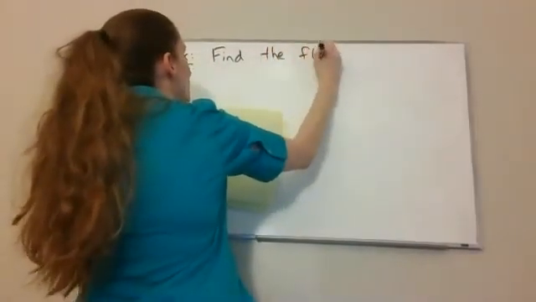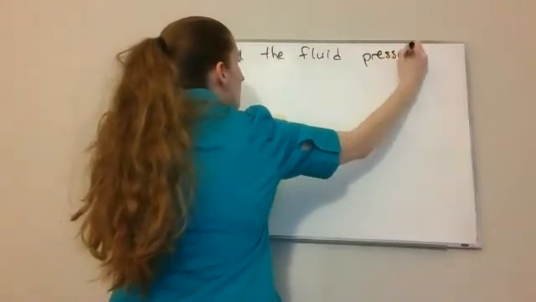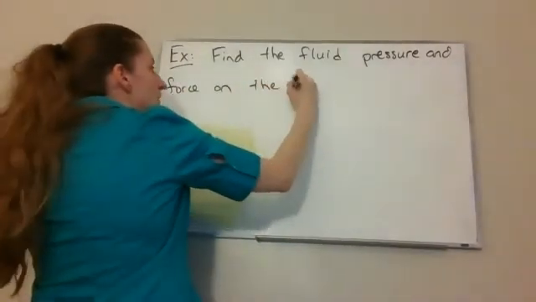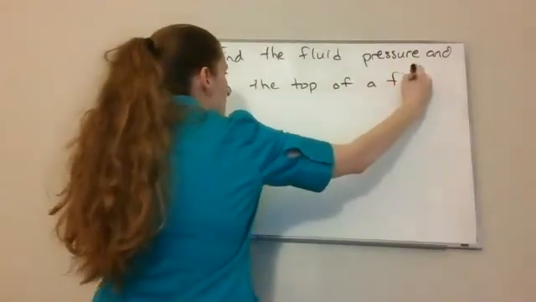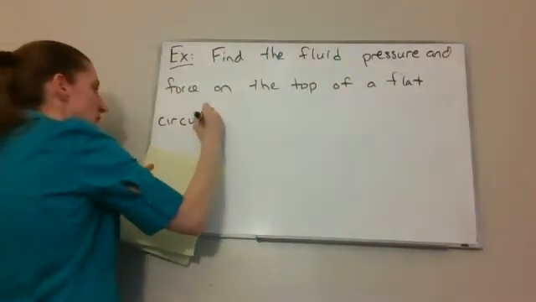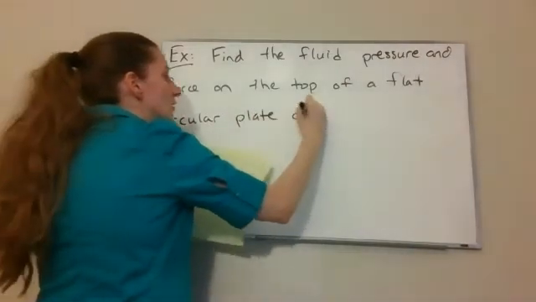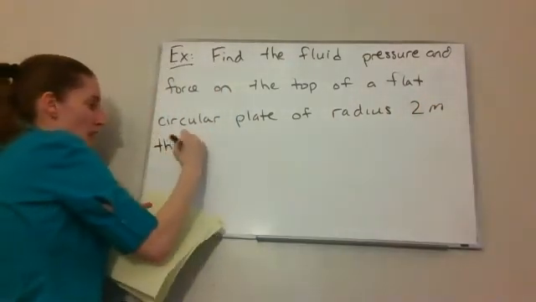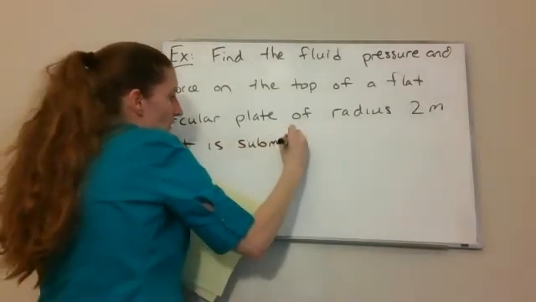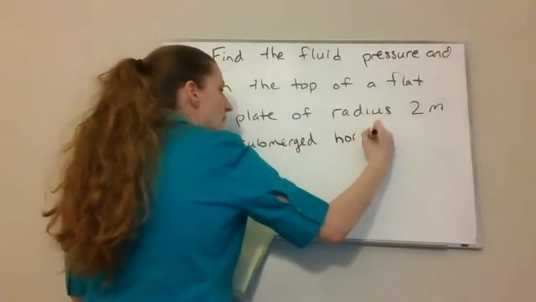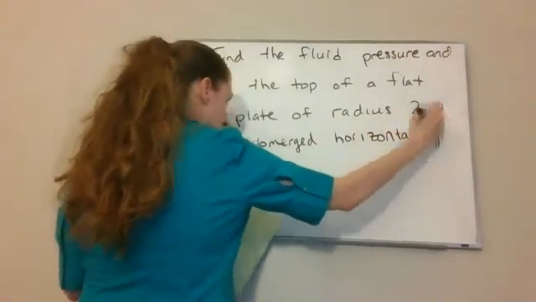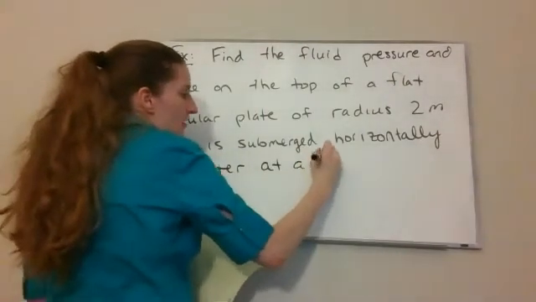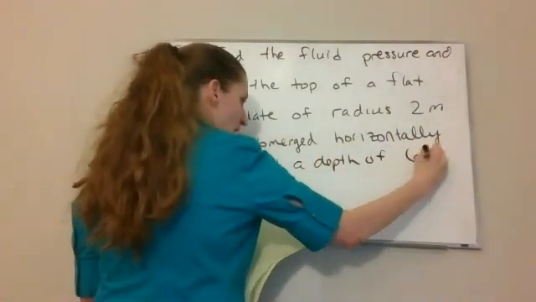Find the fluid pressure and force on the top of a flat circular plate of radius 2 meters that is submerged horizontally in water at a depth of 6 meters.